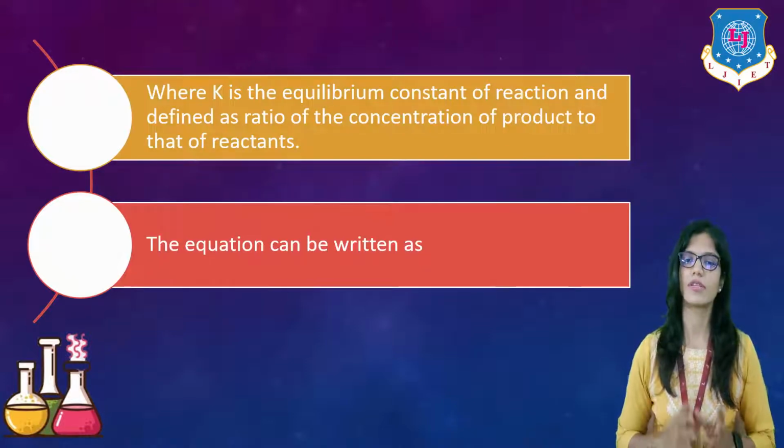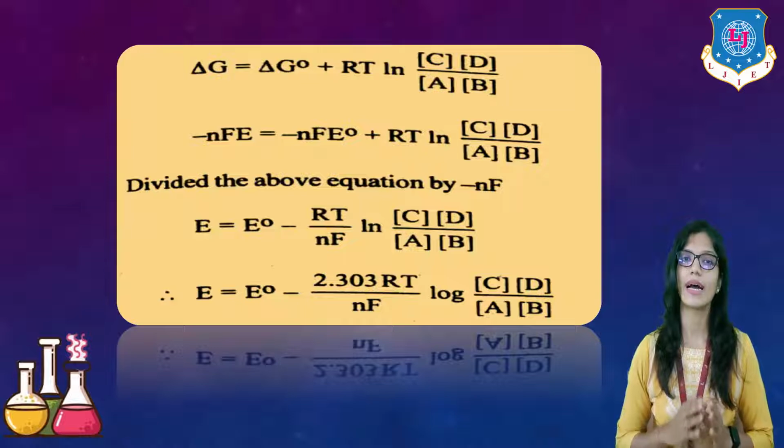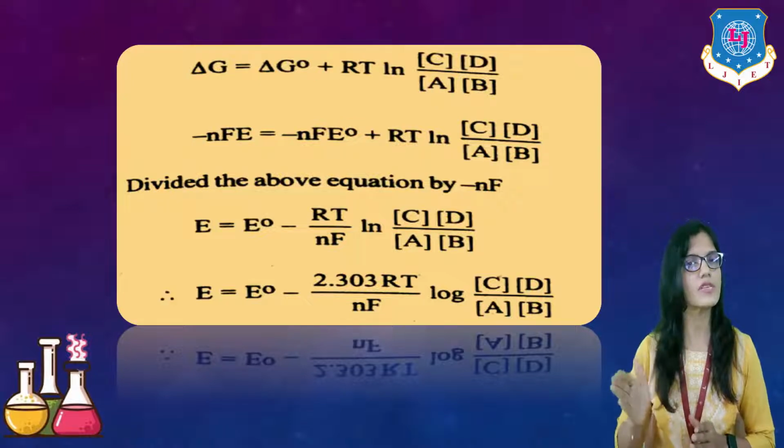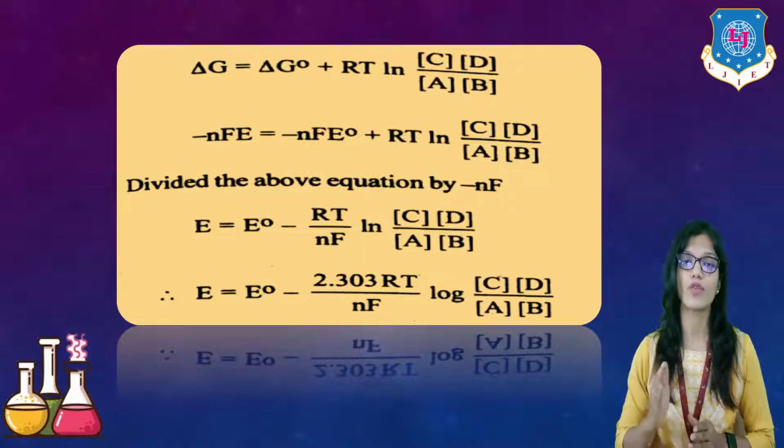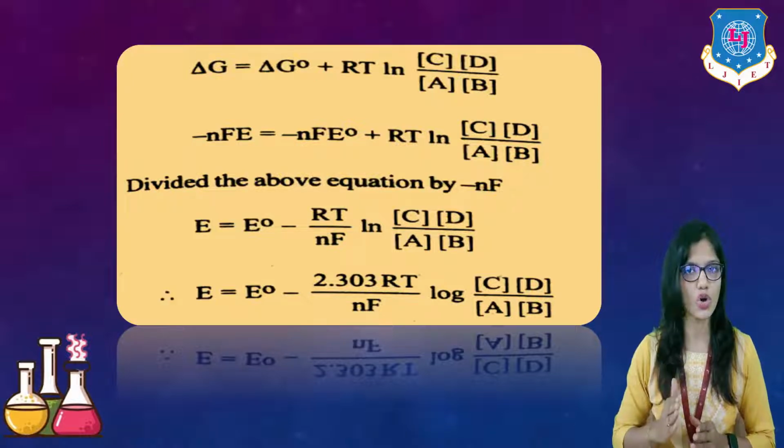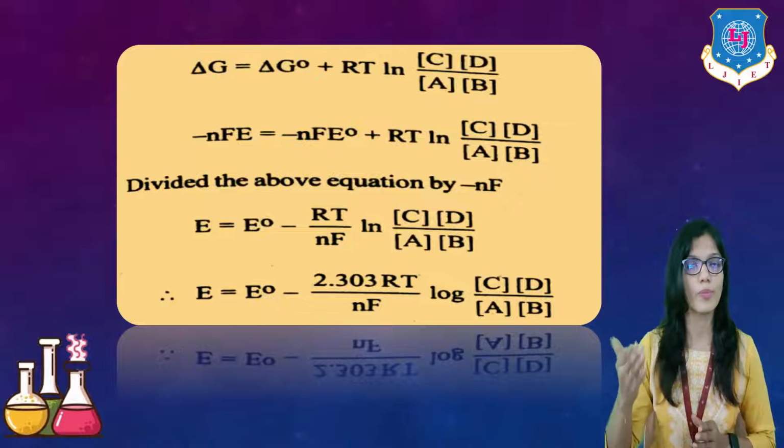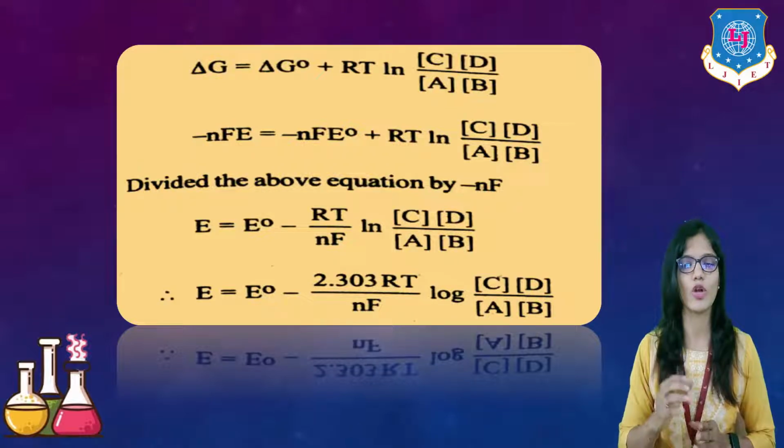So we have the first one, delta G is equal to delta G0 plus RT ln K. That is our first equation. Now let's put the value of K here, which is the ratio of concentrations of products to reactants.